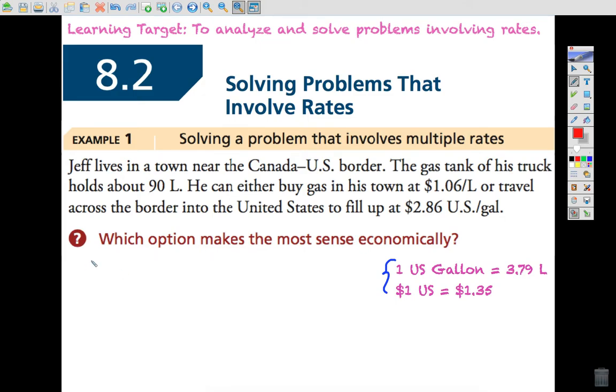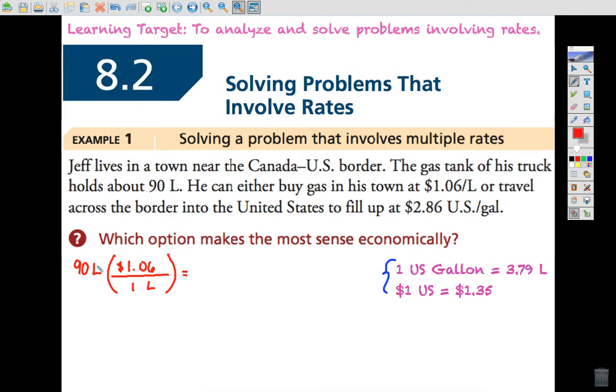So let's start off with just trying to figure out how much this is going to cost him in Canadian dollars, because we already know that he's looking for 90 liters. We're trying to take this 90 liters and convert it to money. So using a conversion factor, I know it costs $1.06 for every 1 liter, and this is in Canadian dollars.